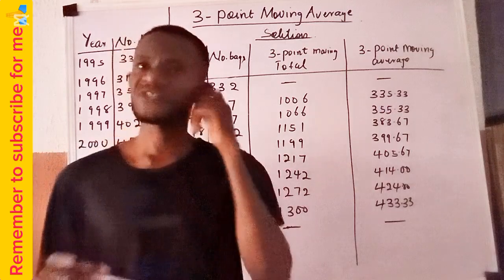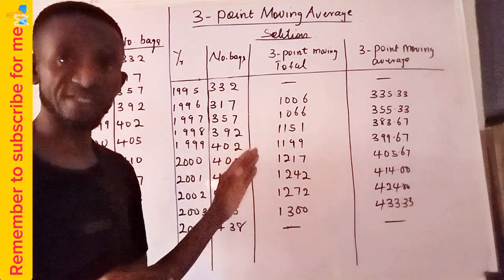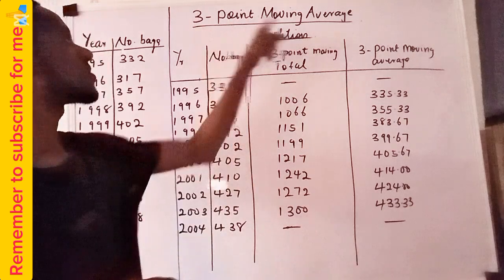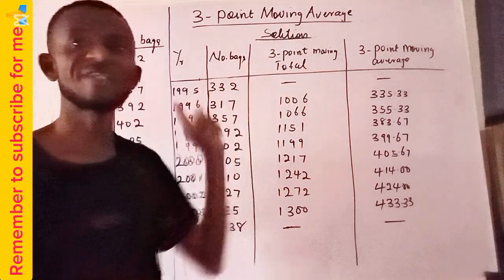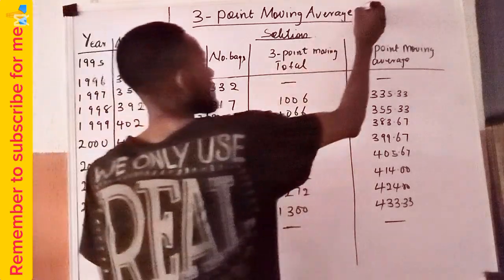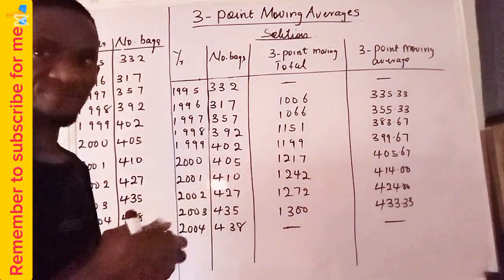Now, for instance, we have a question on the board to showcase how to go about obtaining 3-point moving averages from a time series data.